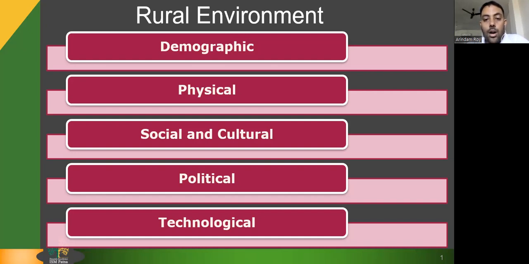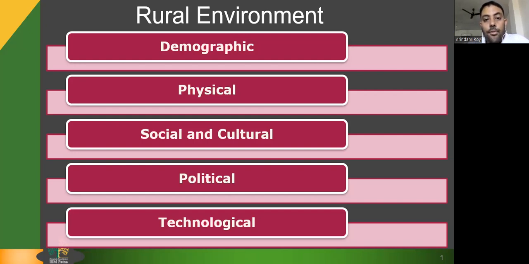But if you now go even to the remotest part of the country, you would see a couple of houses at least made up of bricks, if not very fashionable like the urban environment. But the basic amenities have also changed.